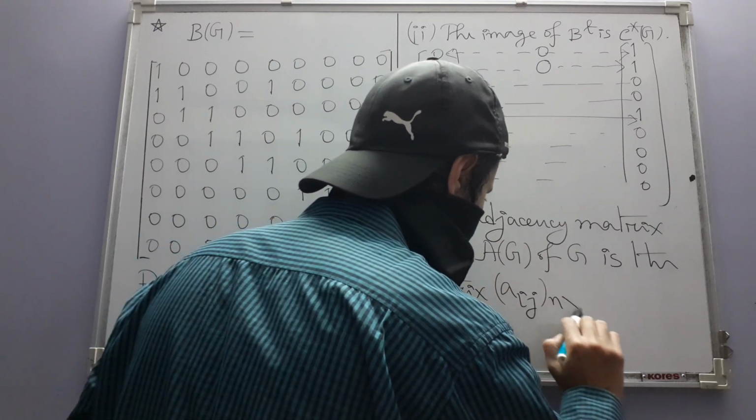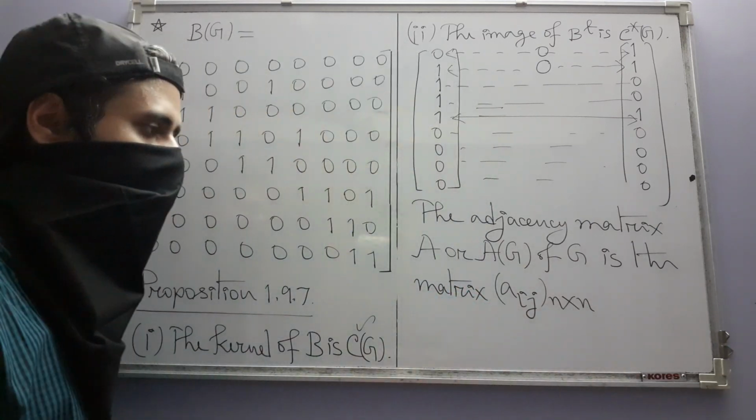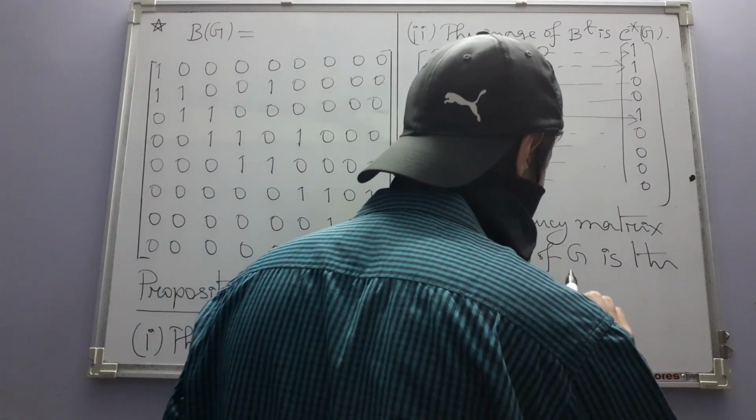Unlike the incidence matrix, it's an n by n matrix, where n is the number of vertices in the graph.